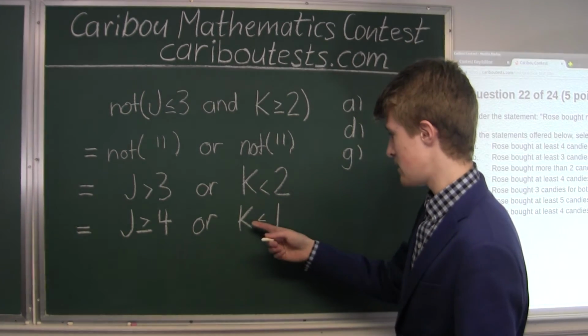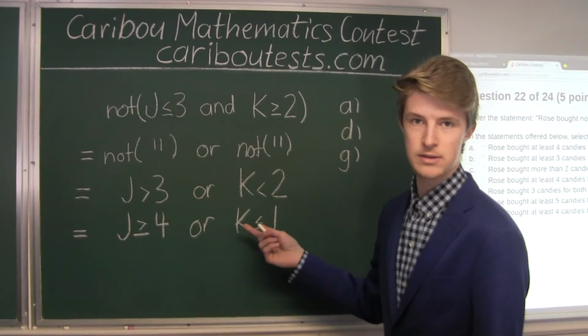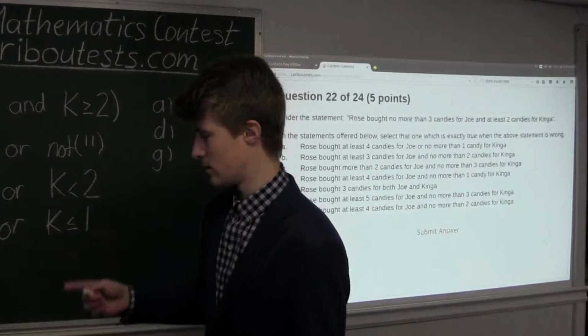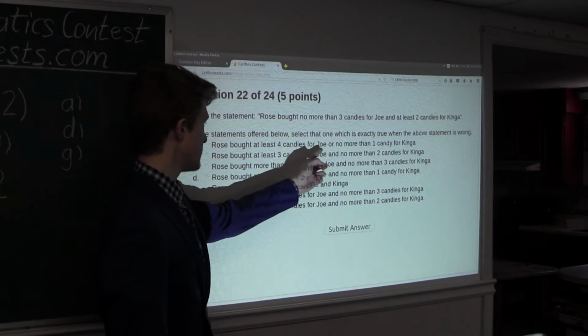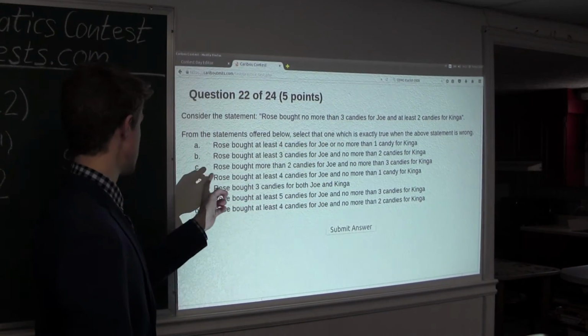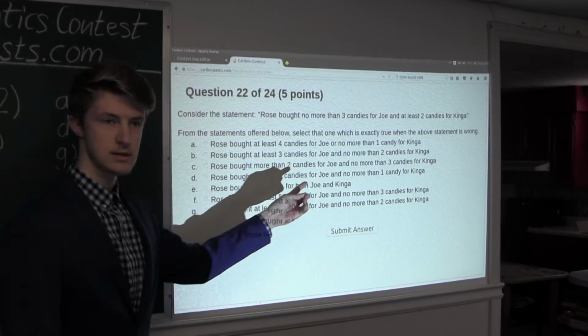And then here we have less than or equal to 1, which is also the same as saying no more than 1. Out of A, D, and G, A says no more than 1, D also says no more than 1, so both of those can still work.